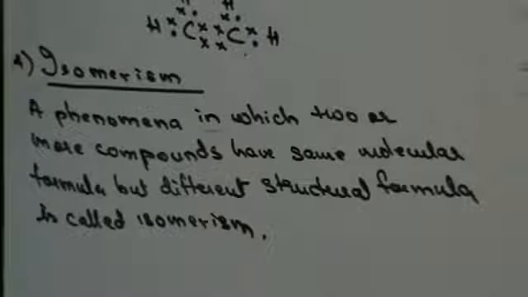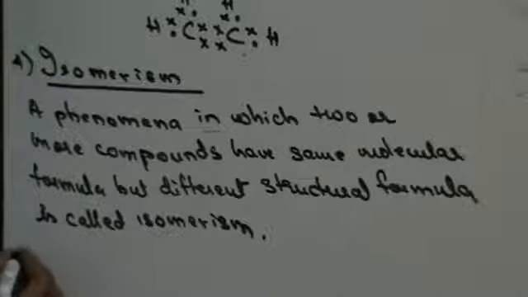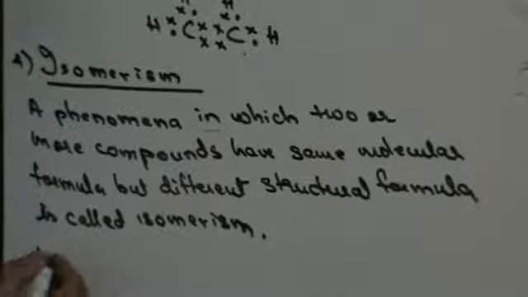That is what isomerism is. So that means here they will have the same molecular formula but different structural formula. So what are the different types of isomerism?